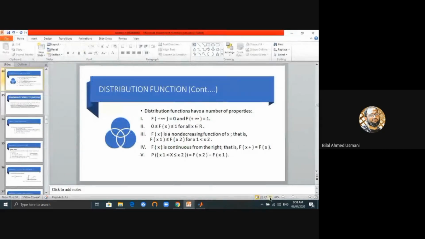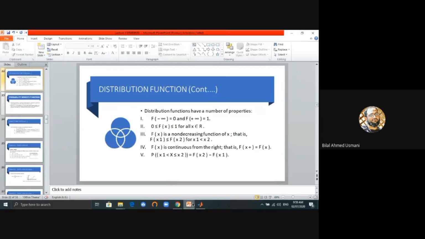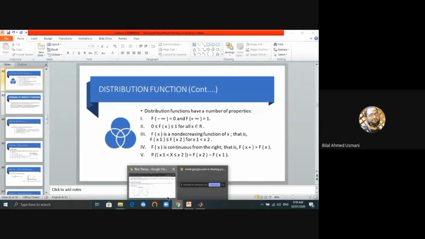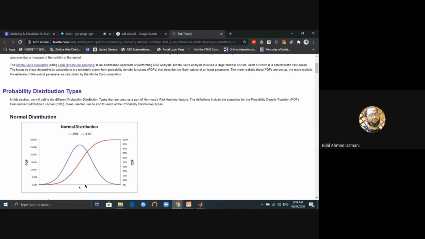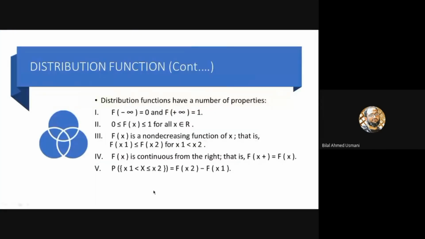The last property, F of x1 to x2. If you want to find the probability between 2 points, say if I go back to that figure, and I need to find the CDF between this point and that point, what I have to do is subtract these two values, subtract the smaller value from the bigger one, and then you will get the probability between these 2 points on the x-axis, or in this case, random variables.